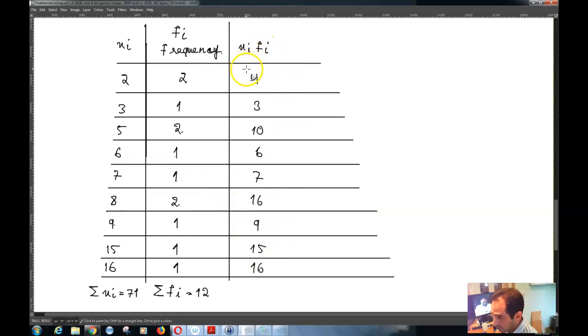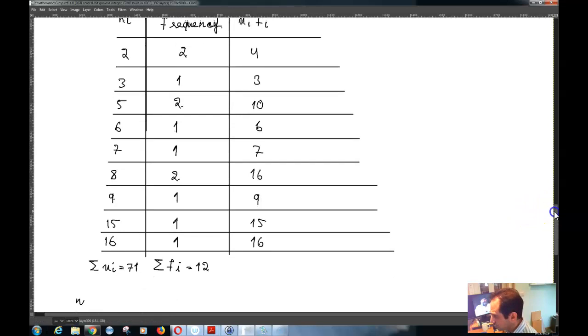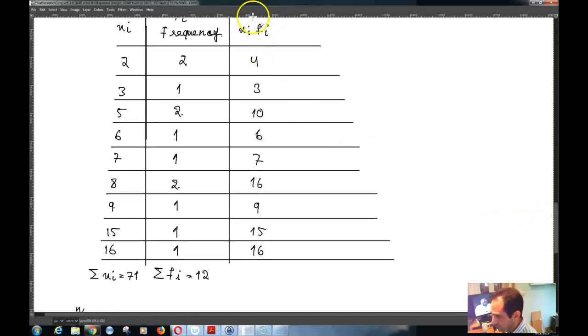So now I have all of the observations times the number of times that they have occurred, and I have calculated everything, multiplied everything, and written them all in here. Now, since this column is x of i times f of i, I can of course calculate sigma x of i times f of i as well.